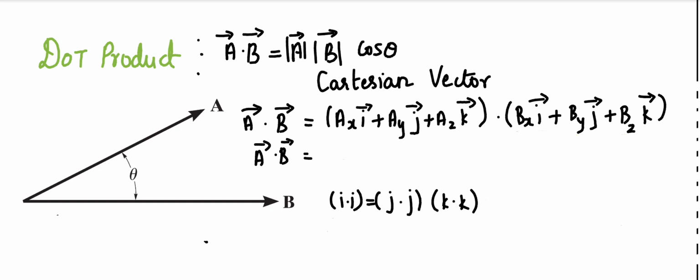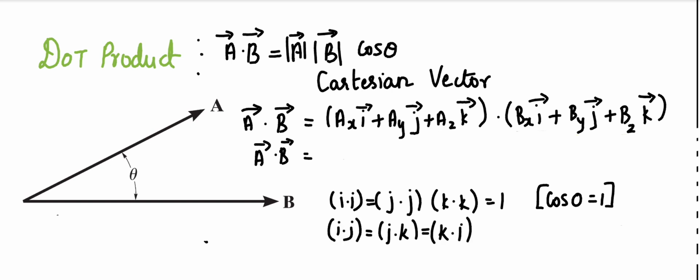You can see here everything has magnitude 1 and the angle between them is 0. So that gives all these cases equal to 1, because the cos of 0, the angle between i and i vector, j and j vector, k and k vector, is unity, that is 0 degrees. Similarly, all have unit magnitude.